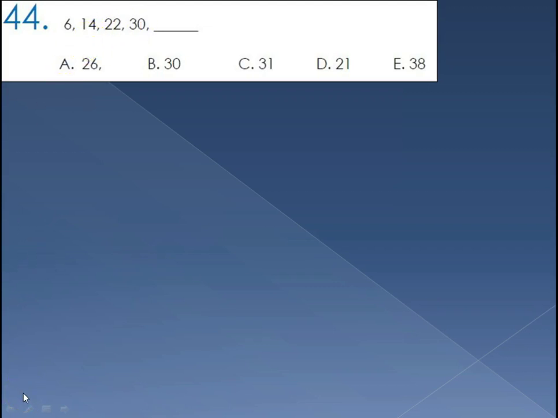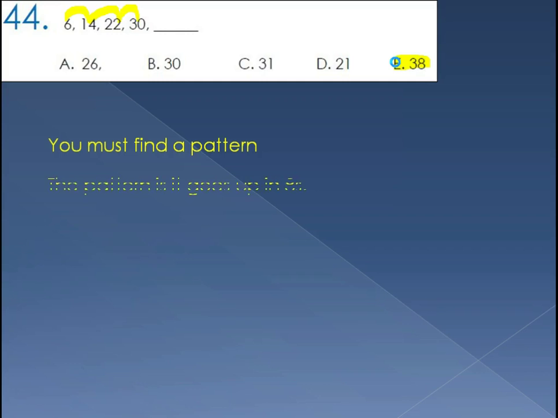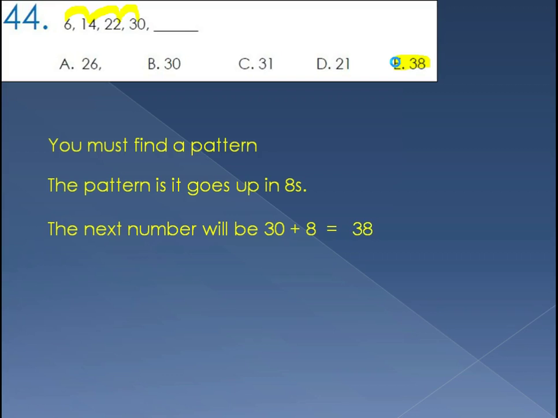As we can see, 6 to 14 is 8 steps. 14 to 22 is another 8 steps, and 22 to 30 is another 8 steps. So it's going up in 8. Like I said before, you must find a pattern, and the pattern is it goes up in 8s for this particular one. The next number will be 30 plus 8, which is 38. The answer is E.